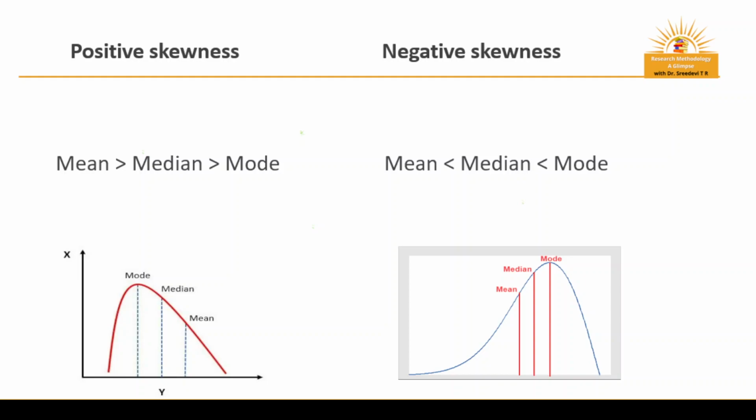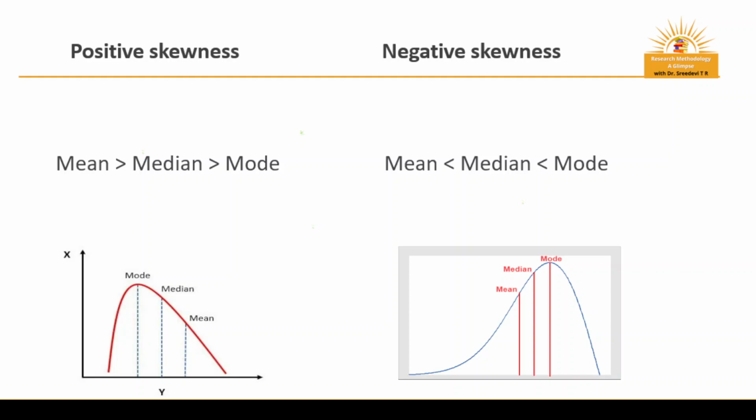So the mean is towards the right side. More people are below the mean or towards the below average or low income group. So the concentration of data is towards left side and few people are towards the higher income group. So the skewness is towards the right, that is positive skewness.